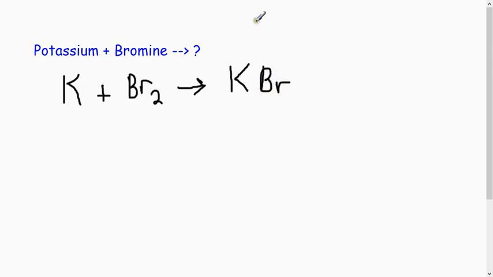I need to look up the charges on these. K is a +1, bromine is a -1, so crisscross, it's just KBr. 2 bromines on the left, only 1 on the right, so I need a coefficient of 2 in front of the KBr. That gives me 2 potassiums on the right, so I need a coefficient of 2 in front of the potassium on the left as well.